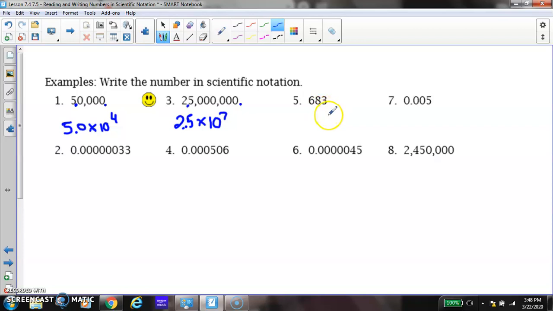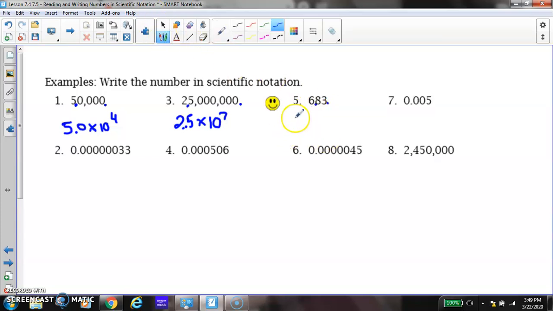All right, to problem number 5, and I realize I'm not doing the bottom problems right now, so let's just go across. Okay, I start here at the end. I want my decimal in between the first 2 numbers. You can see there's no zeros in this problem, so this problem really doesn't need to be written in scientific notation because it's not that big. But just to practice it, I'd be moving 1, 2 places to get there.